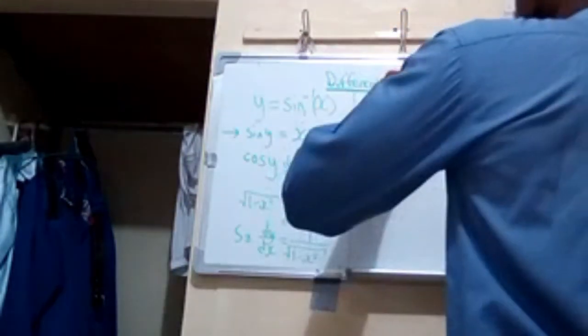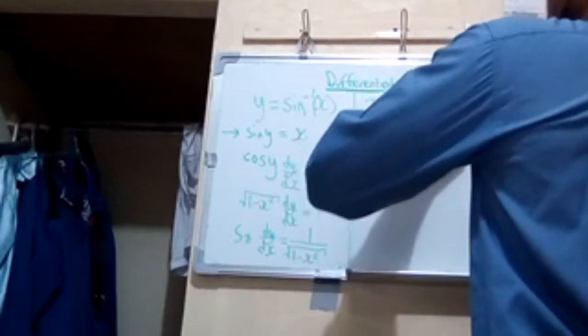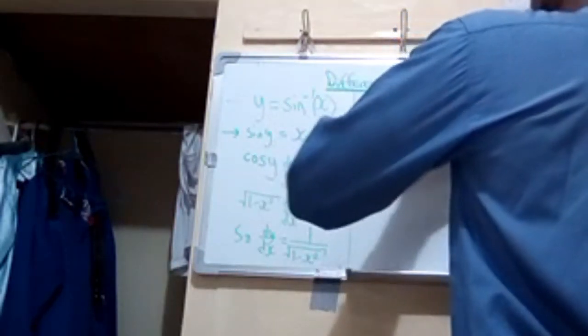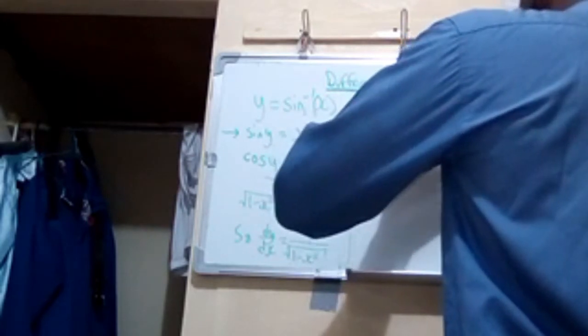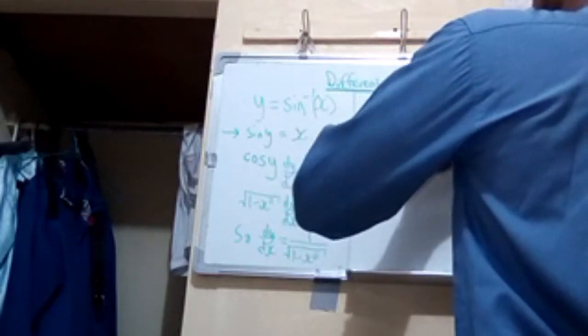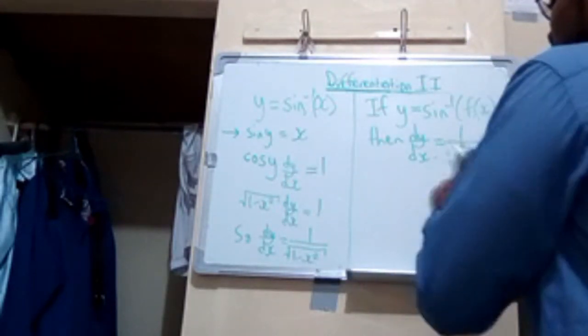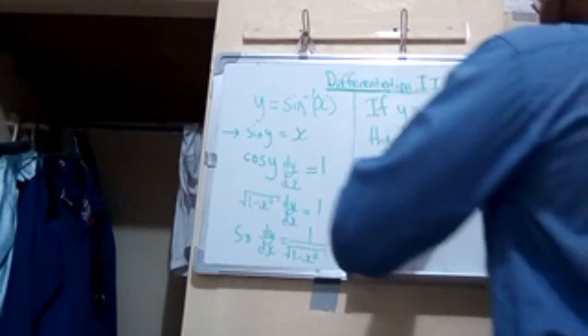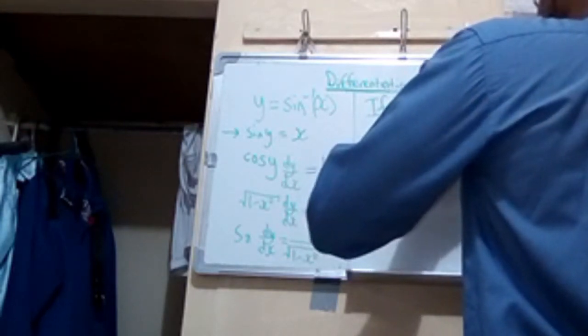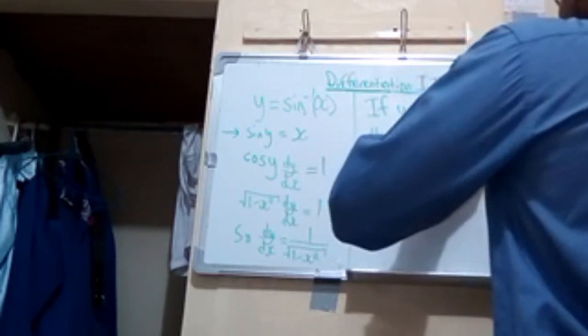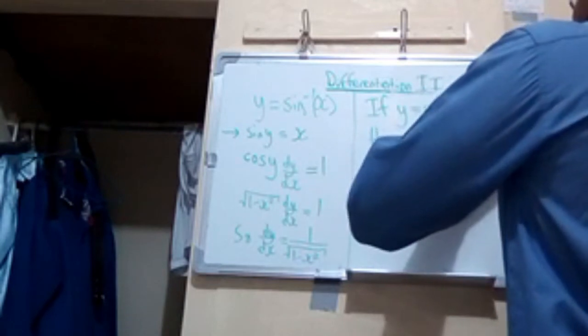If y is equal to sine inverse of a function of x, then dy by dx is equal to 1 over the square root of 1 minus that function of x squared, times in the numerator f prime of x.